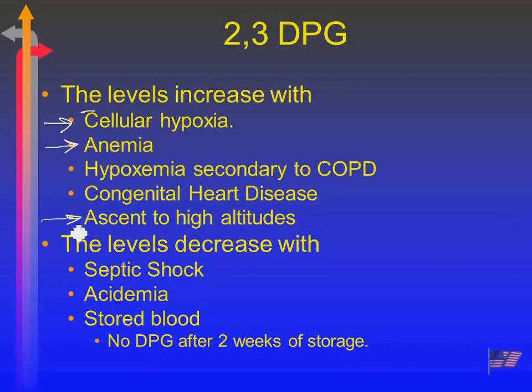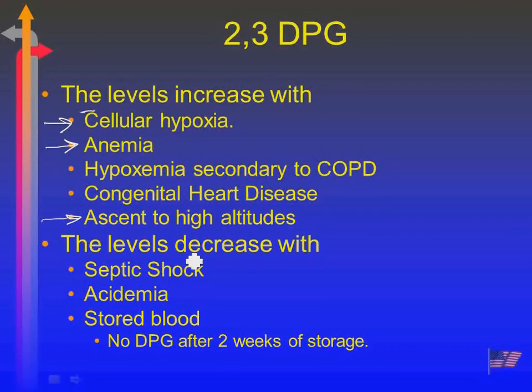We'll see it with ascent to high altitudes. It's what the body naturally does: it produces more hemoglobin as you acclimate to living in a higher altitude, but you also have a higher level of 2,3-DPG to release the oxygen because that thin air doesn't carry as much. Well, we know better now.